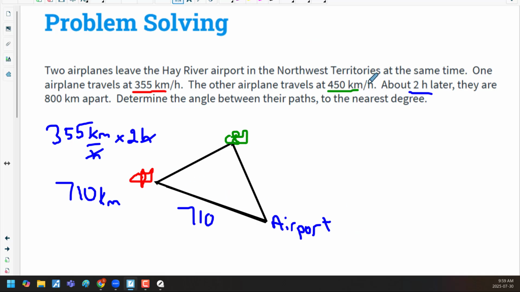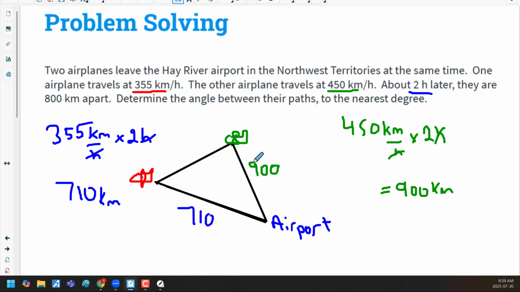The green plane is 450 kilometers per hour, but it's also been traveling for 2 hours. So if you double 450, you get 900 kilometers. So this line segment is 900.